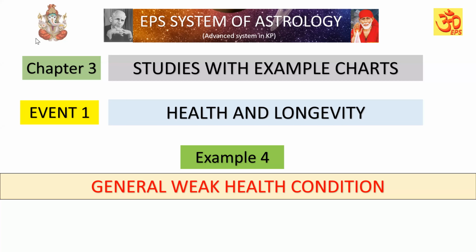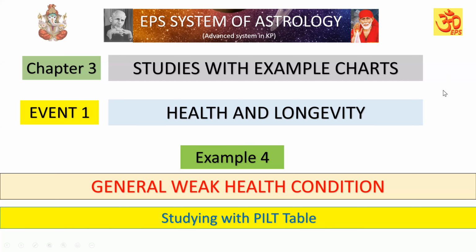Example 4, general weak health condition. We are going to study with the help of the PILT table in this example. As I said, such general weak health conditions or general prospects can be easily analyzed from the EPS tables, because in EPS tables we can find each planet's self-signification and see the level-wise grouping strongly.